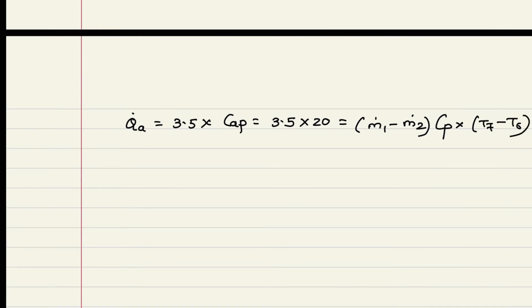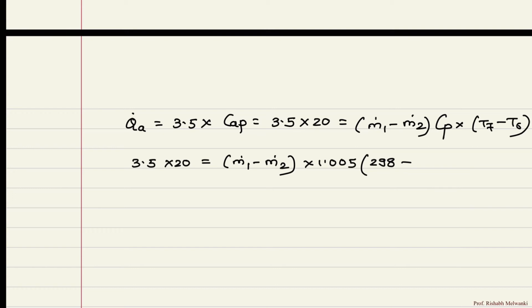Now substitute the values: 3.5 into 20 is equal to (m dot 1 minus m dot 2) into Cp of air, 1.005, into (T7 298 minus T6 239.94). From here we can calculate m dot 1 minus m dot 2, which is equal to 1.1996 kg per second.